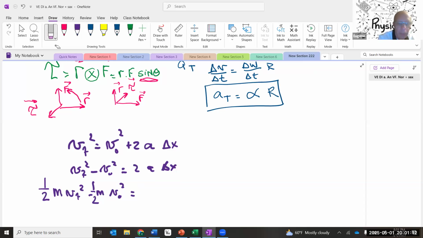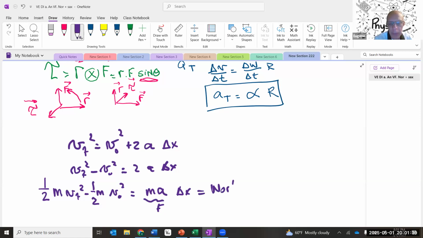And for those that already know the formula of kinetic energy, you start seeing that this here is the kinetic energy. That's the formula for the kinetic energy, and that's how it shows up. And then m a, and then delta x. Well, what is ma? ma is force. Force times distance traveled, so that is what?